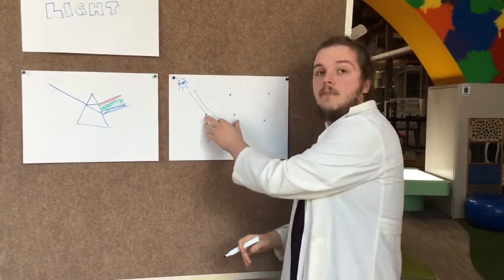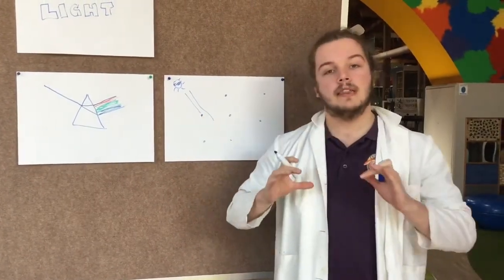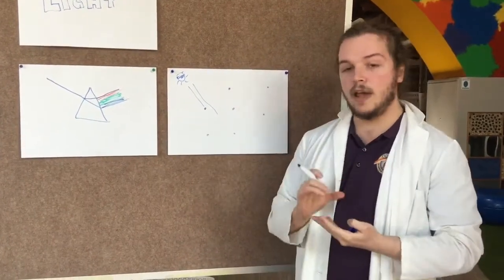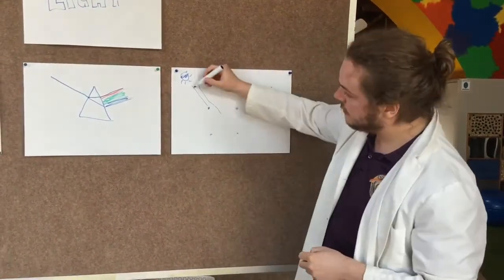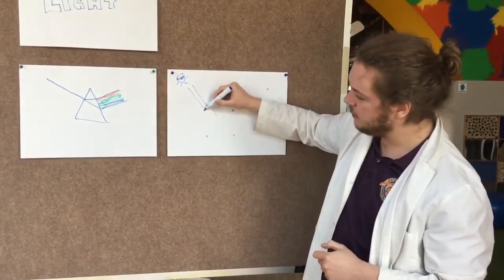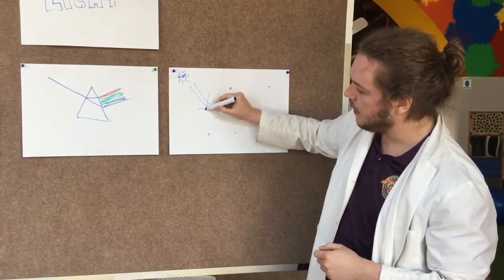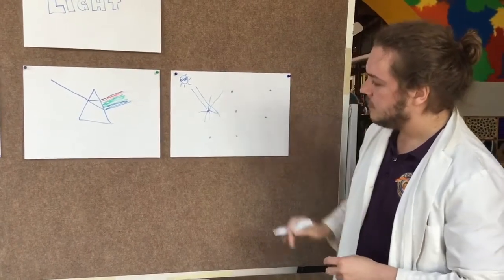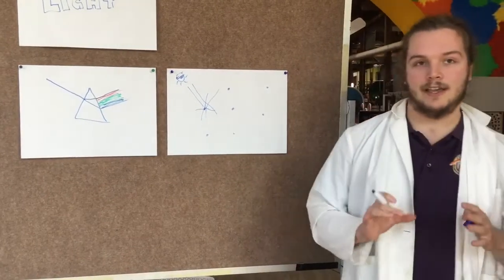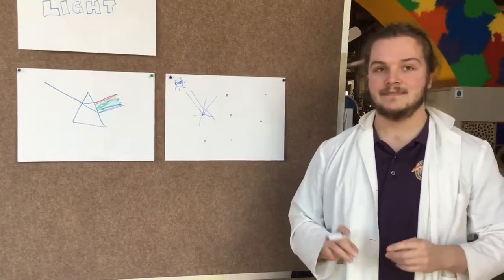Now our air particles absolutely love to absorb and scatter small wavelengths of light. That is our blue. So when our blue collides with our air particles, it scatters around. So we have the light traveling down without any of the blue light.